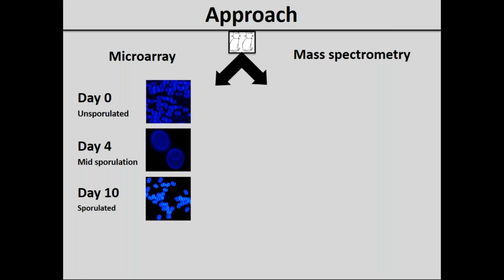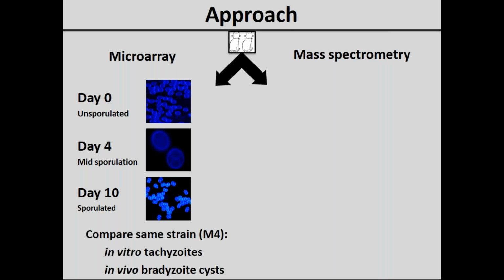So I looked at using whole genome microarray at the mRNA expression levels across the genome. And I looked not only at oocysts, but I compared that to tachyzoites and bradyzoite cysts from the same strain to see which genes were upregulated in the oocysts at those stages of development.